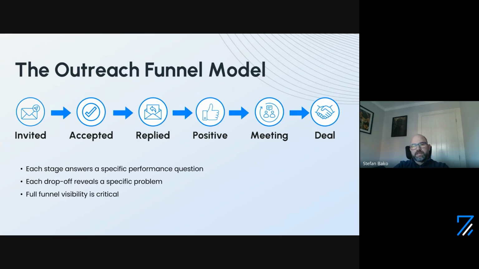Acceptance is asking, did we choose the right person? Reply is asking, did we say something relevant? Positive response is asking, does this actually matter to them? Meeting is asking, is it worth their time? And the deal is asking, is this a real opportunity? So instead of treating outreach as one thing, we break it down into layers.